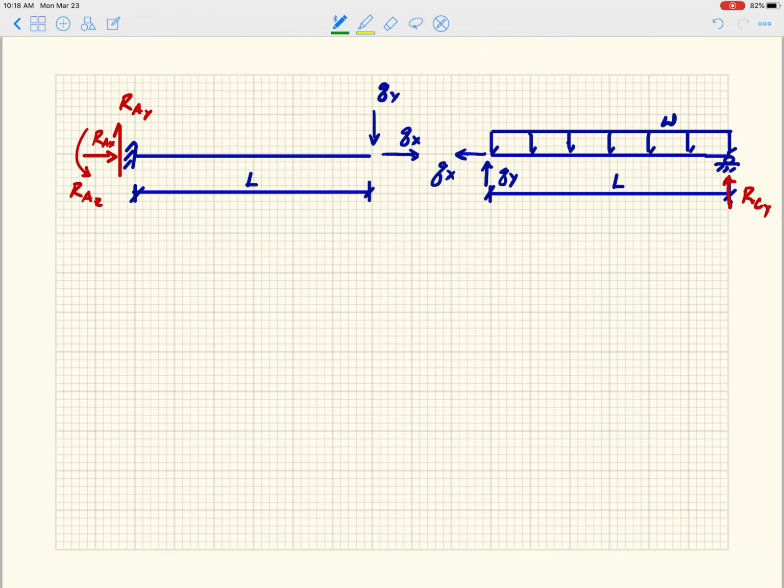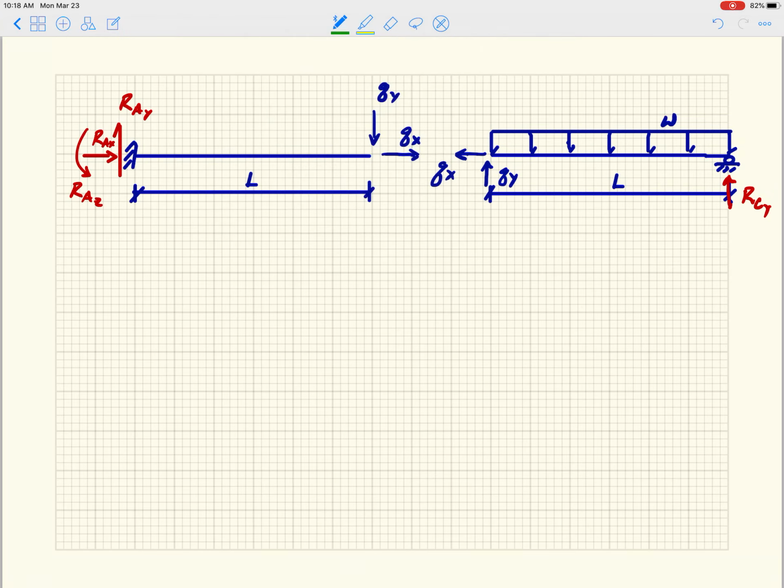And now what I'm going to get is a minus QY times L, and I'm going to get a positive RAZ, right? And that QY is actually WL over 2, right? And when you solve for your RAZ, you end up with WL squared over 2.